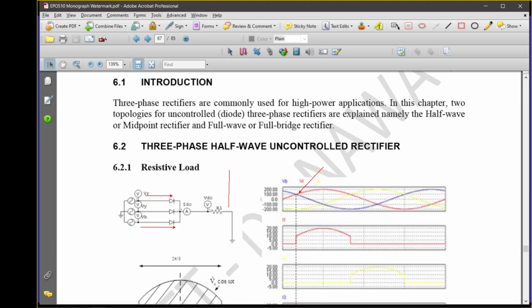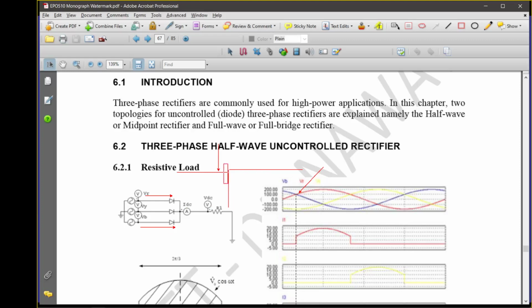So it happens with a sharp rise and sharp fall, isn't it? You can see there is a falling of current from the blue phase, and then the current now flows in the red phase.